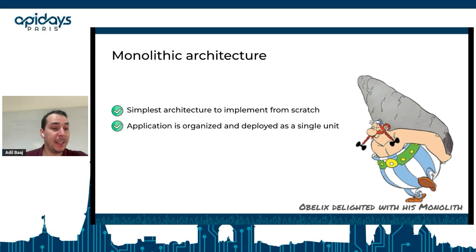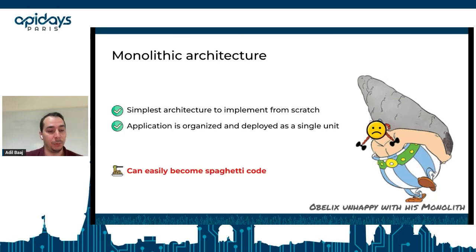Our first candidate is the plain monolithic architecture, which only has one constraint: the application should be organized and deployed as a single unit. And as such, it is probably one of the simplest architectures to implement from scratch. However, this can easily become spaghetti code.